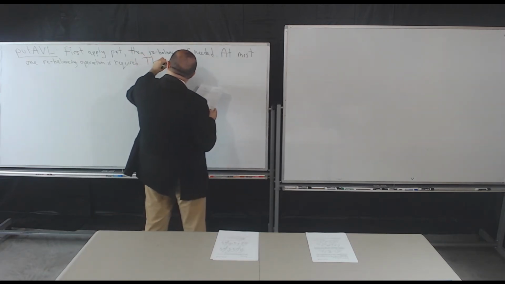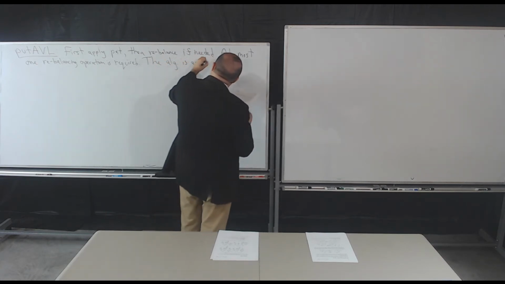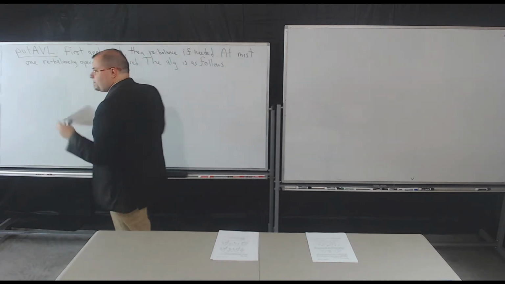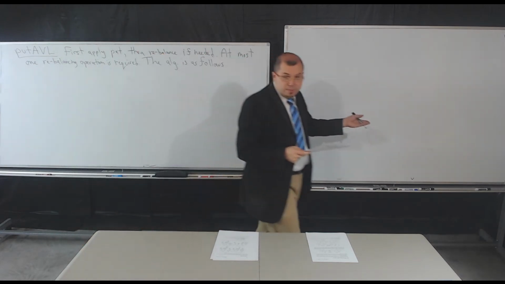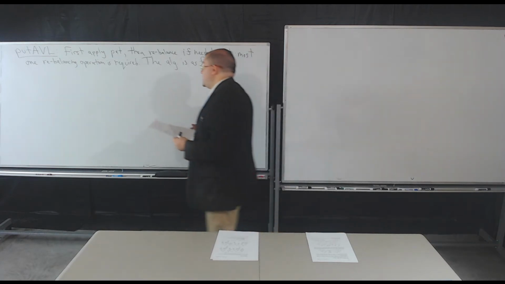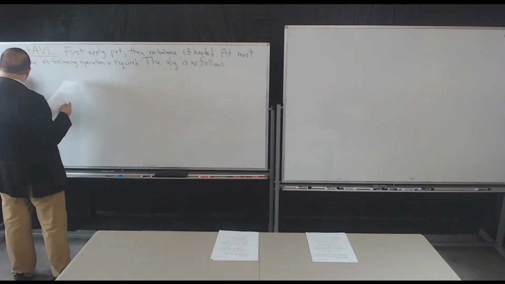So let me write down the algorithm. There's really kind of two pieces. I'll write down putAVL first, and then I'll do an example with you, and then I'm going to write down the pseudocode for the rebalancing, because that's easily the most complicated part about this. So let me just write down putAVL first.